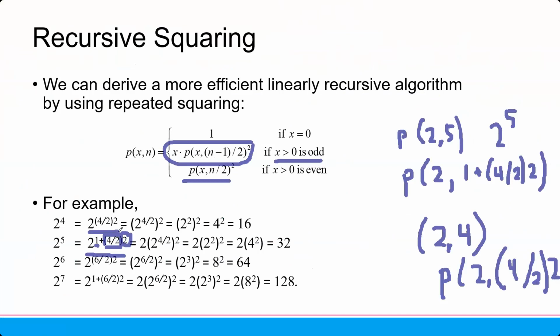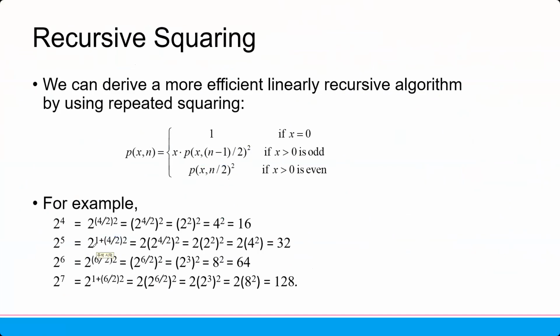From algebra, we know 2 to the power of 5 means 2 multiplied by 2 to the power of 4 divided by 2 multiplied by 2, which is 4.